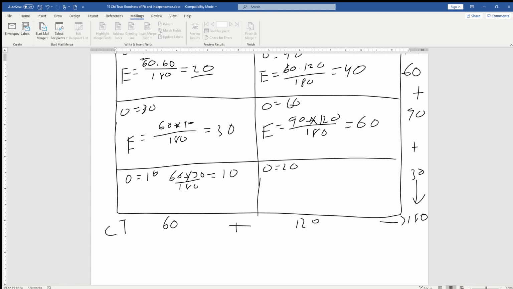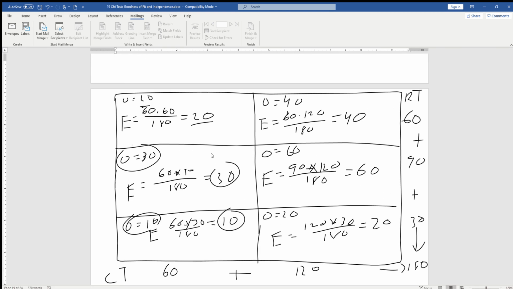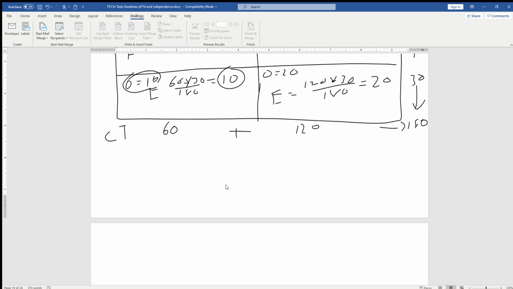All right, so the last expected is going to be 120 times 30 divided by 180, and that's just going to be 20. The really good news about this one is that every observed and expected are the same. Now that doesn't really happen that often in real life. It just so happens in this example that they were really nice to us when they did this.